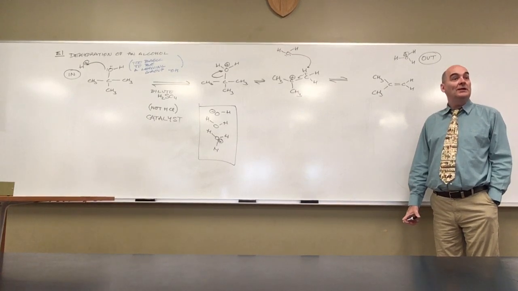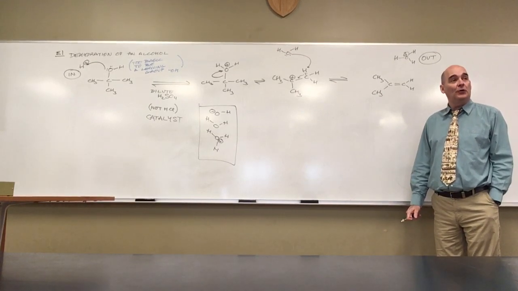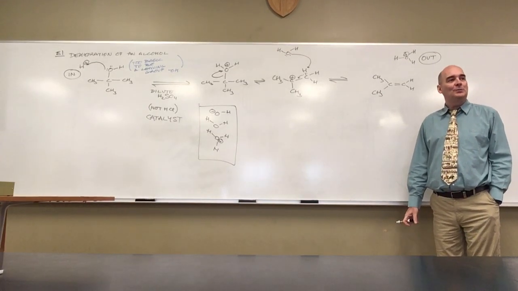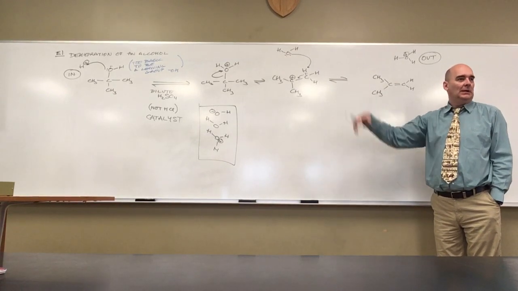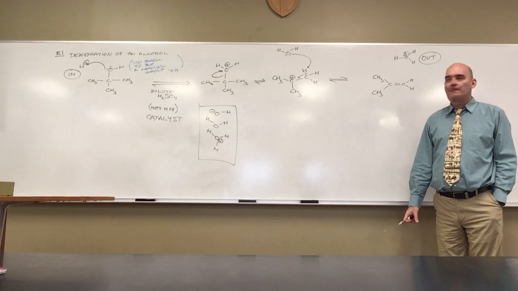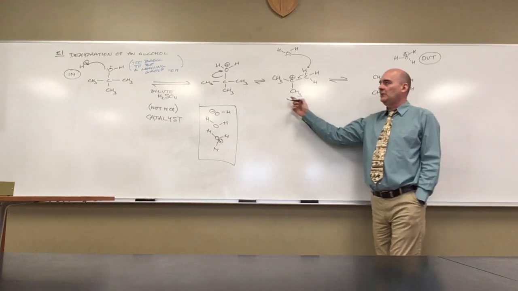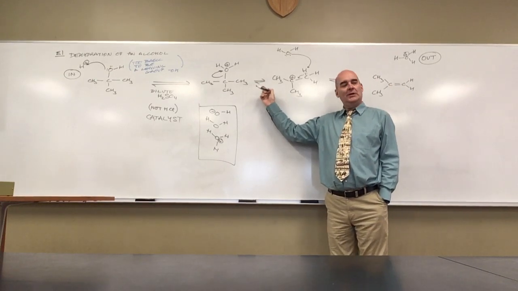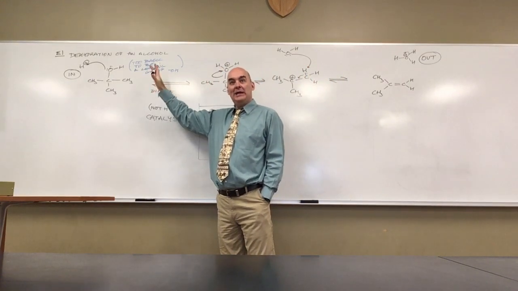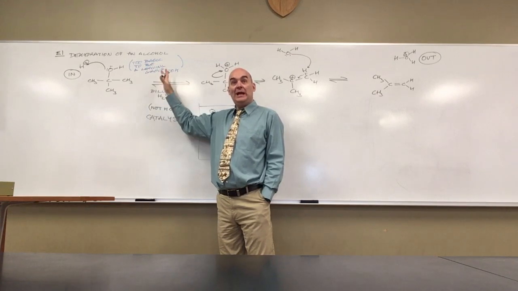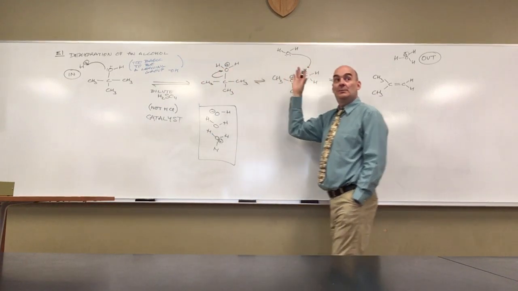That's how your dehydrations work. When things are not working for you because they're too basic, you put them in acid and you let nature take its course. The other thing to note is that we do not have a negative charge anywhere in this mechanism.